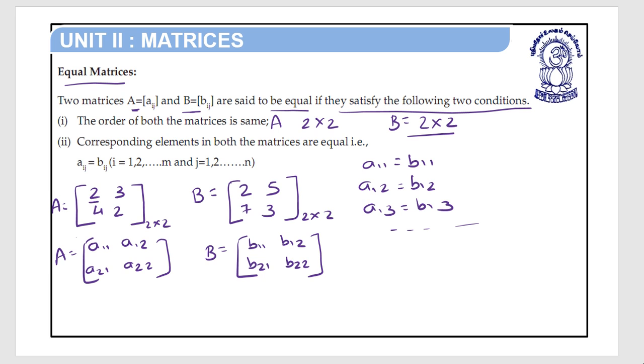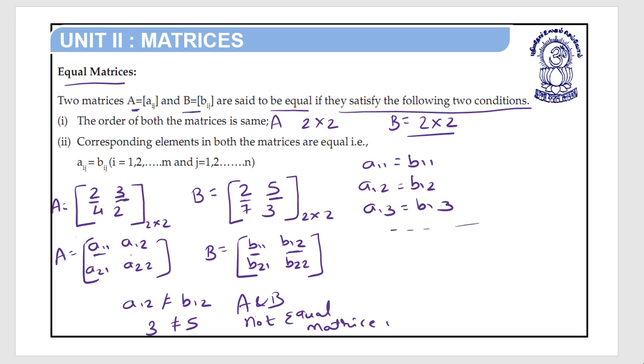Here A11 and B11 are the same, 2 and 2. A12 is equal to 3 and B12 is equal to 5. So A12 is not equal to B12, or 3 is not equal to 5. So this is not satisfying condition 2. So A and B are not equal matrices.